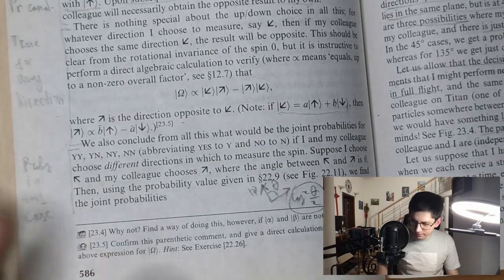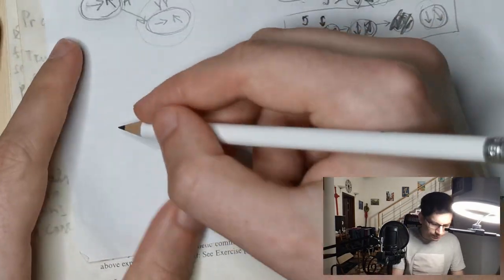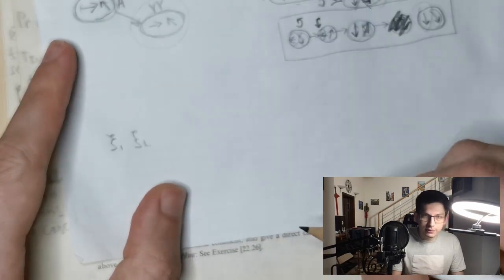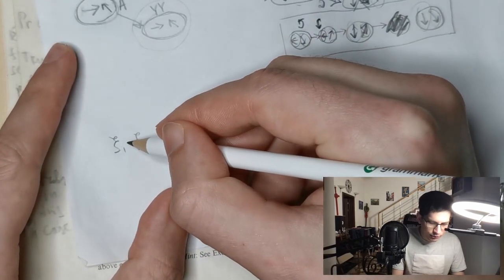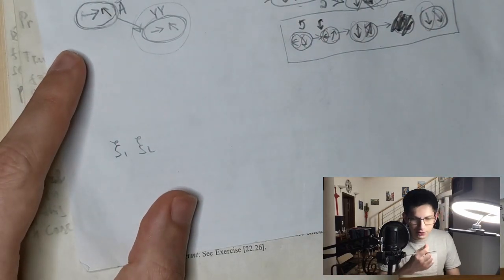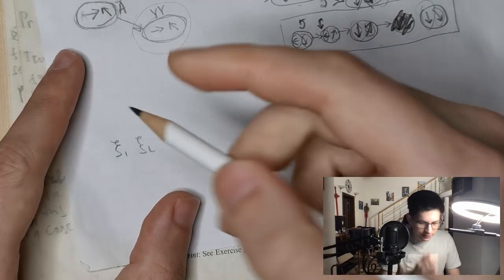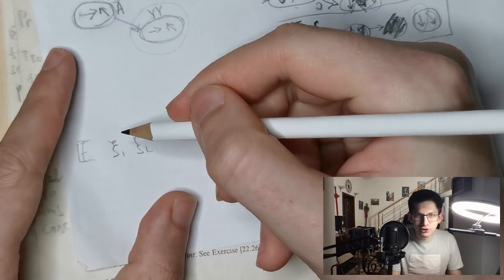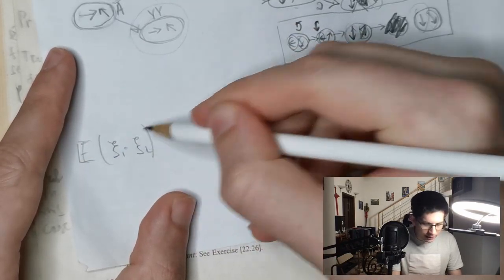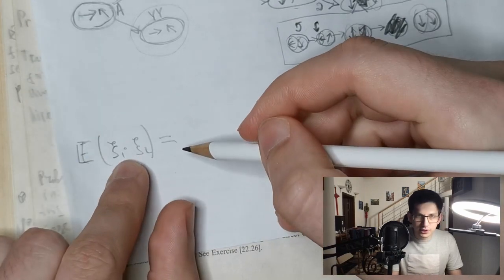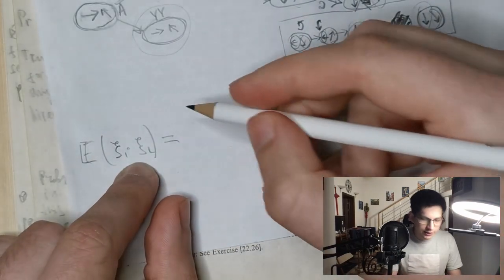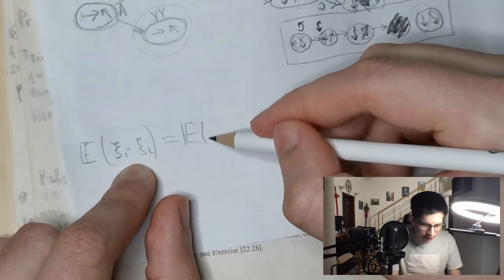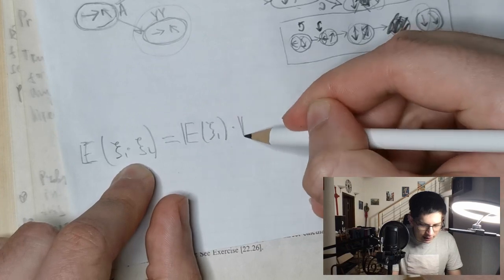So basically in probability theory, if you have two random variables like xi1 and xi2, to say that they are non-correlated, you can take the expectation value of those, multiply those, and if those two random values are not connected, then the expectation value of the product will be just the product of expectations.